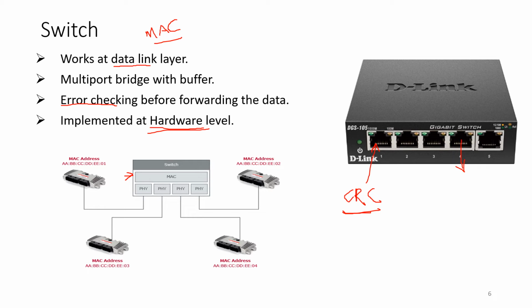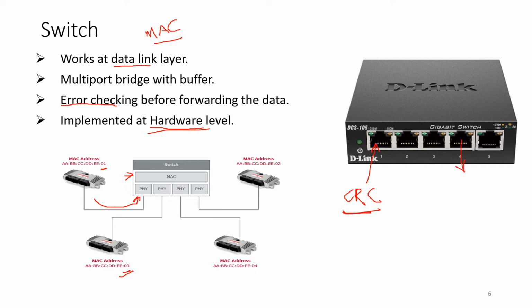Whenever a node is sending data to another node, let's assume this is the first node with MAC address ending with 01. If this node wants to send some data to node 3, with the MAC address ending with 03, the data will come here as an input port.